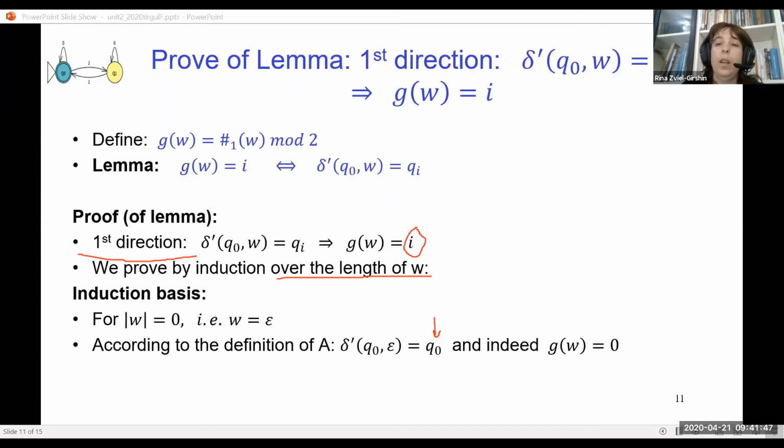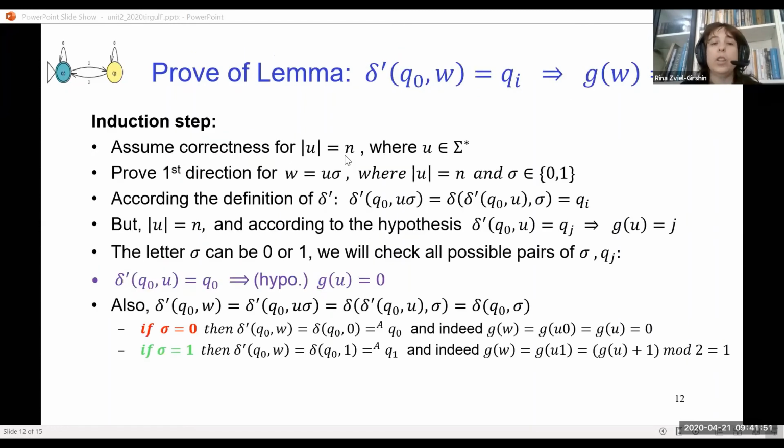Okay. If not, now we have the induction step. I take some word U of length n, where U is over the alphabet 0,1 that I use.